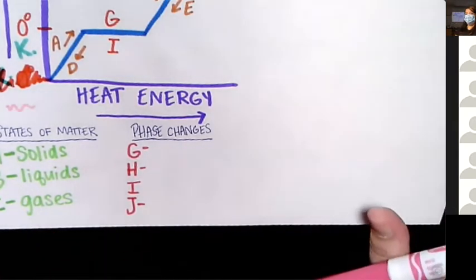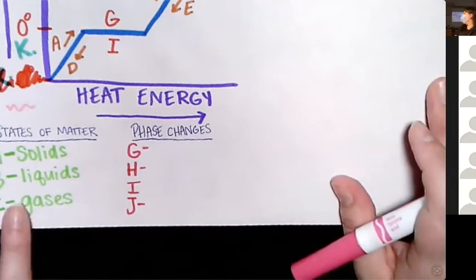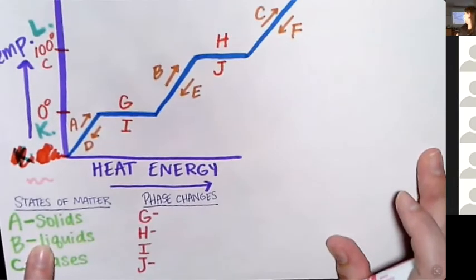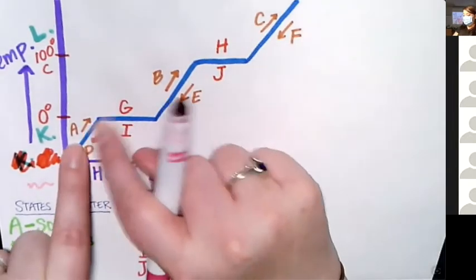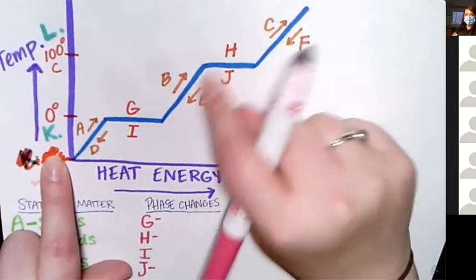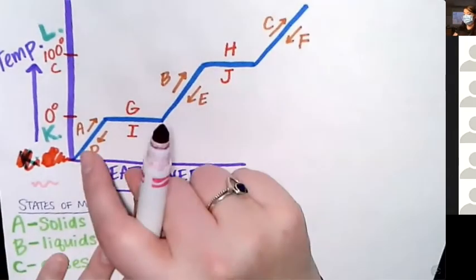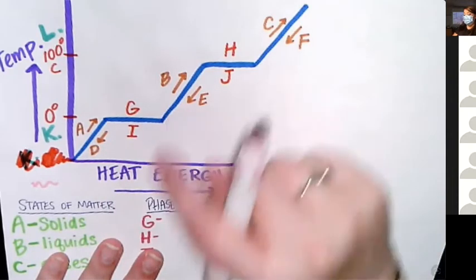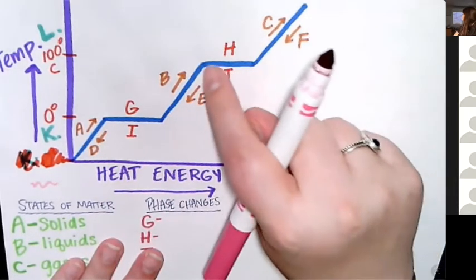Okay, I want you to think about this. We just said that A is a solid and B is a liquid. So look at our graph real quick, or look at my graph. Here's A and here's B. A is a solid, B is a liquid. So if this is water, solid water is called ice. B is a liquid, that means that this is just regular liquid water.